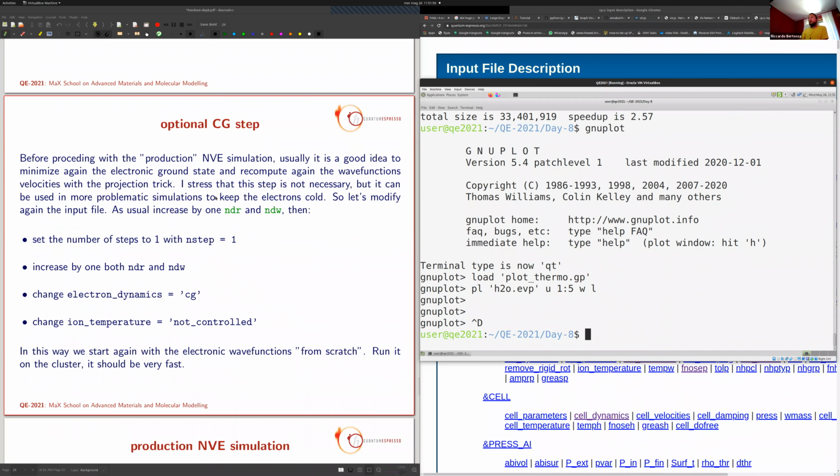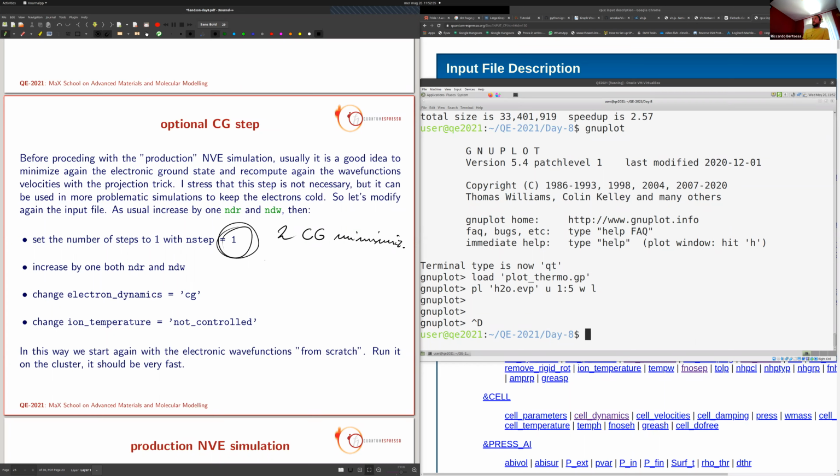So what do we do? We do the same thing that we did at the beginning, but in this case we need only one step, because one step is enough for minimizing. Note that we put one step in the input file, but in reality the code does two CG minimizations if the norm-conserving pseudopotential is used.